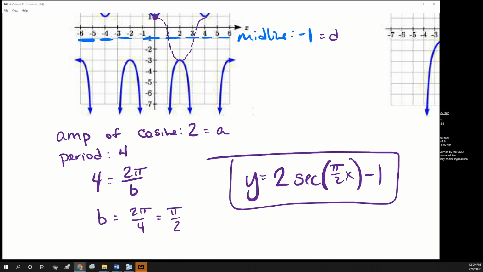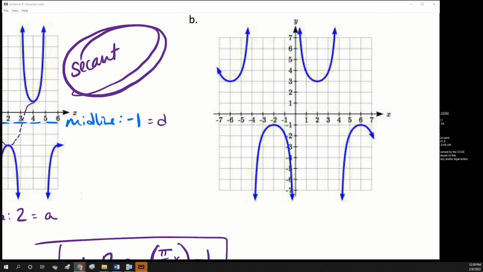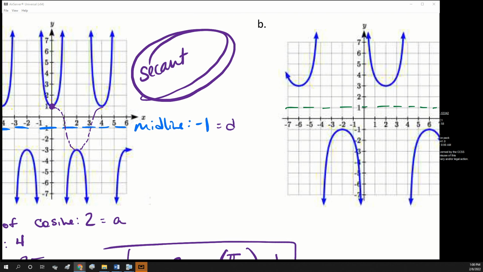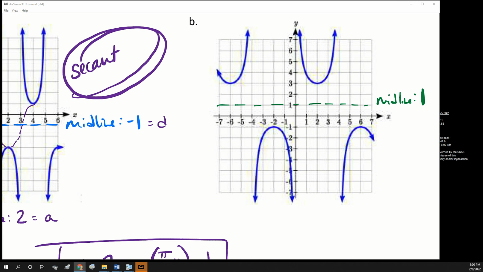Okay, we're going to do one more. What do you guys think the middle is? Looks like 1 to me. Okay. Now, on the last one, we actually like had a blue line or a darkened line on the y-axis. This time we don't.